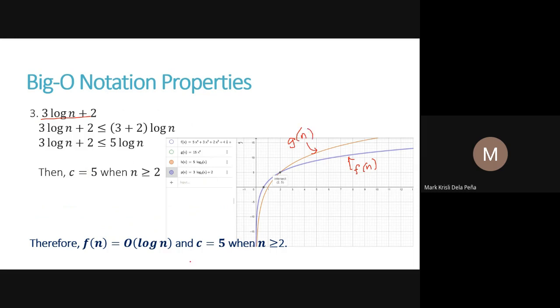This is c g of n rather, and this is 5 log. Remember that we will be using log base 2 of n. Our original function is 3 log base 2 of n plus 2.